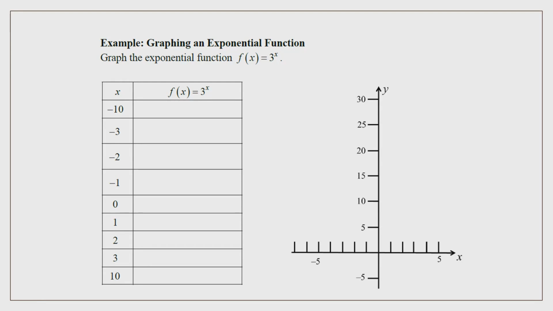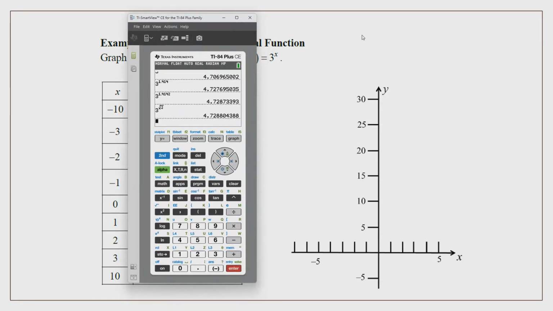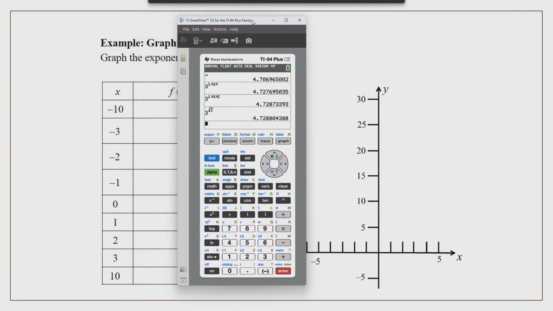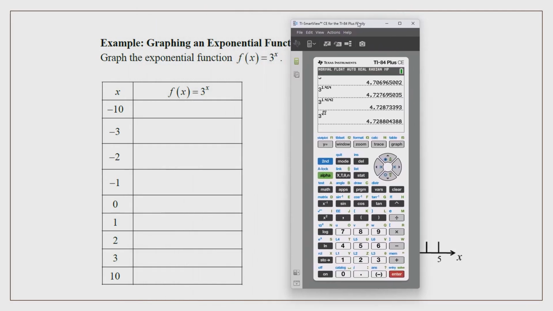So let's grab our calculator. Alrighty. Now we're going to go to y equals, and enter our function, 3 to the power x. We're going to enter that in and go to our table, second graph.